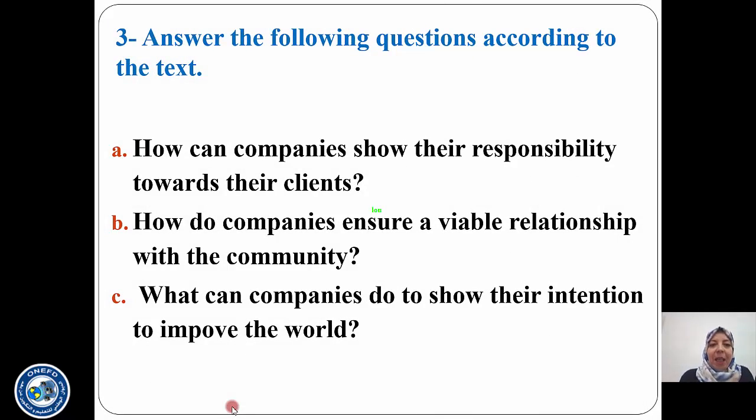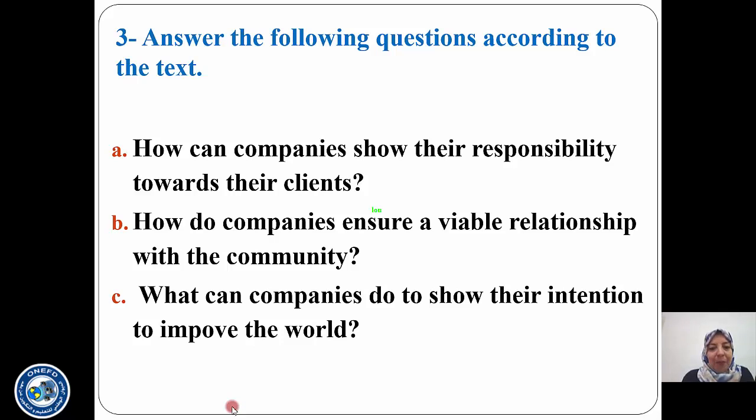Another activity is about answering the questions according to the text. Question 1. How can companies show their responsibility towards their clients? How do companies ensure a viable relationship with the community? And what can companies do to show their intention to improve the world?